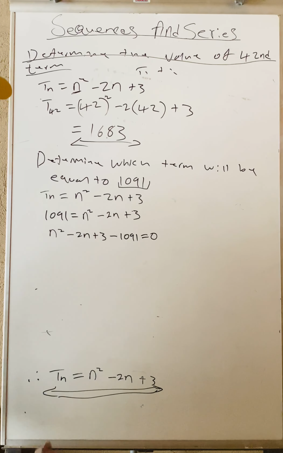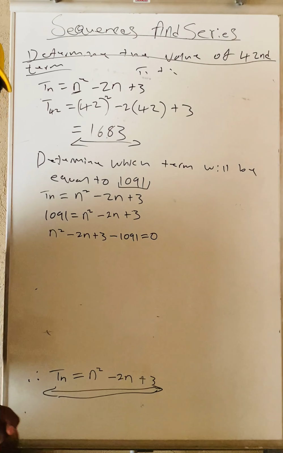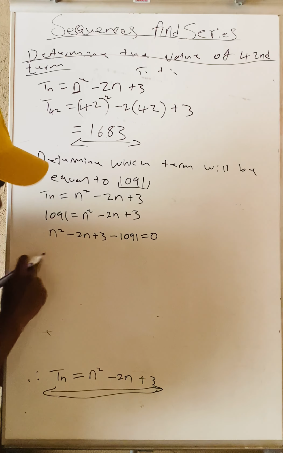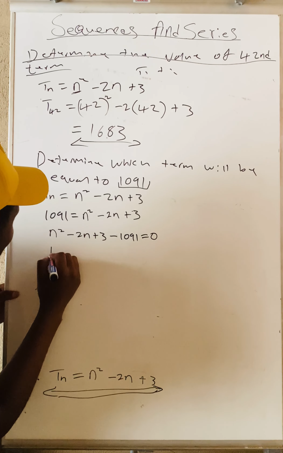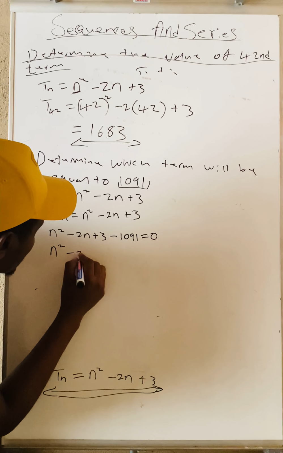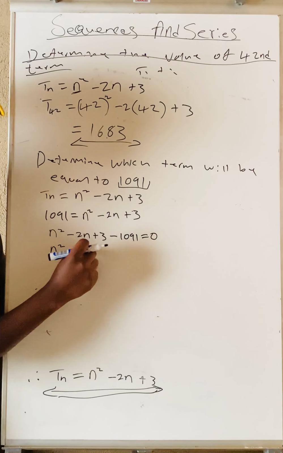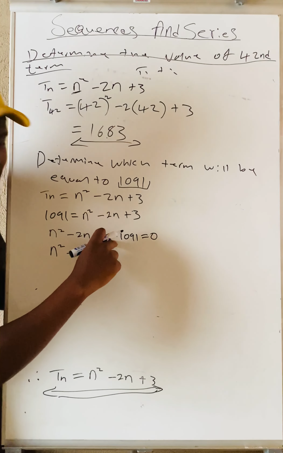From here, we apply maths. We check which one are the like terms, right? N squared, we have anything with n squared here. We do not have. You write n squared minus 2n. This one are the numbers, right? You can add them or subtract them. Here is the positive, here is negative.